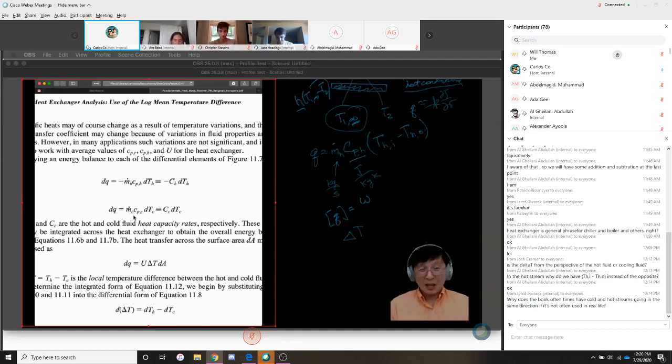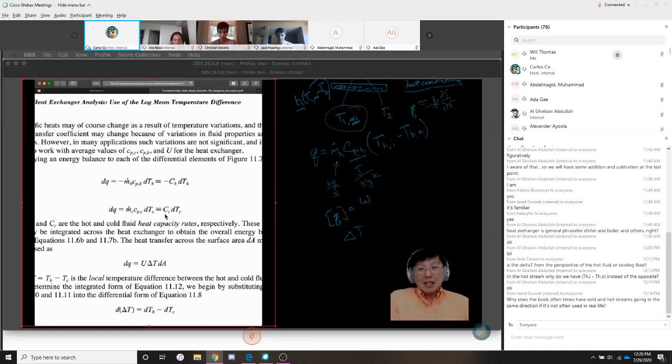Every time you see that, you can just write it that way. But the reason they do this is because we will be using the combination of mass flow rates times heat capacity over and over and over again. So remember this, in every analysis of a heat exchanger, this is the way that they would do it.